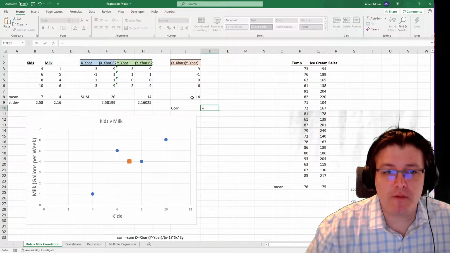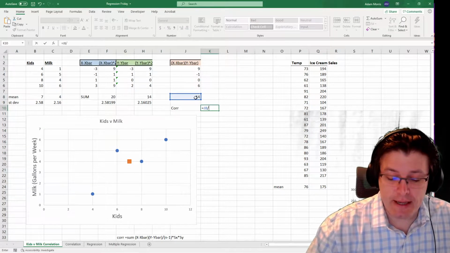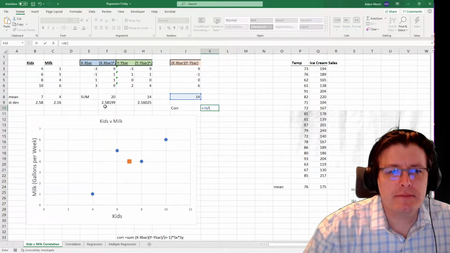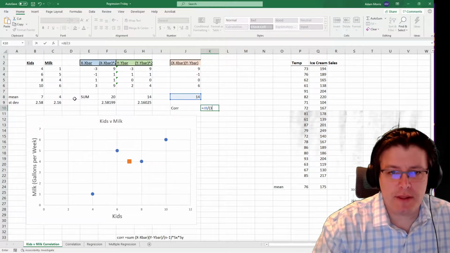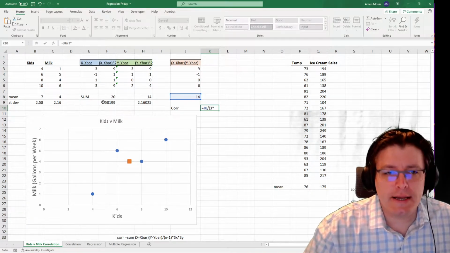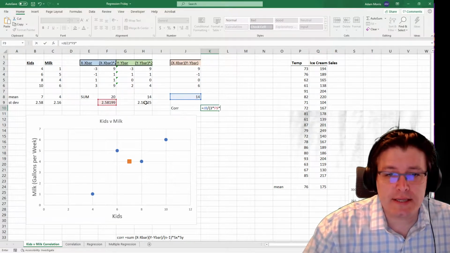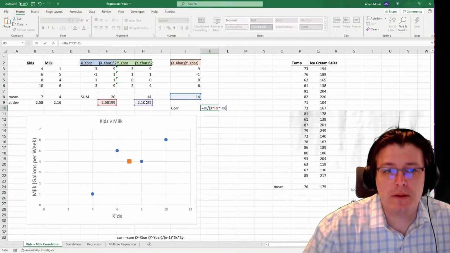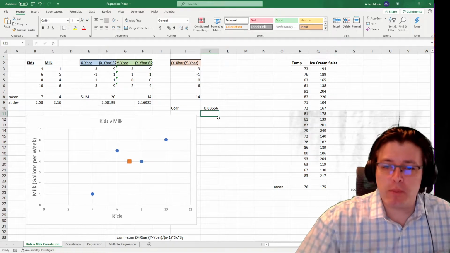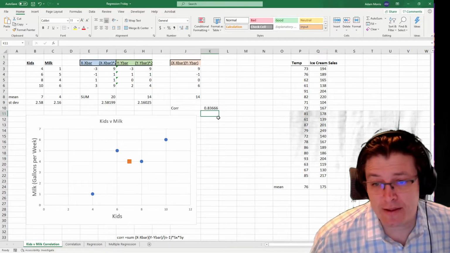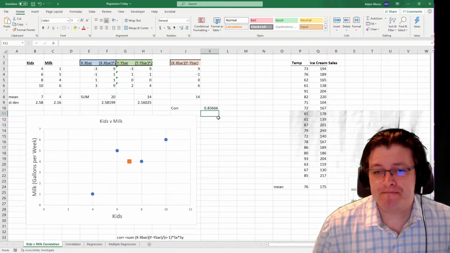Okay, so it's going to be 14 divided by n minus 1, so this is going to be 3 times then our two standard deviations, Sx and Sy. Okay, and we get 0.8366, which is exactly what we found last time.